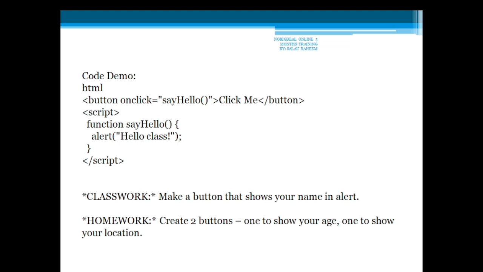So the first code here, which is button onclick, we pass in values called say hello, then we put what the user will see on the screen, which is click me. So a button will appear on the screen, then when you click on that click me, we have already written some interactive function for it.